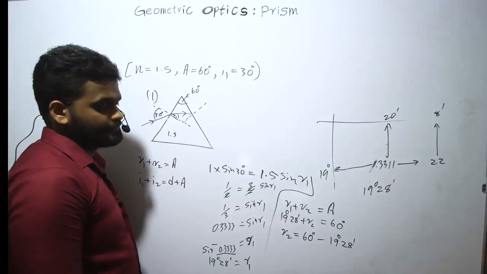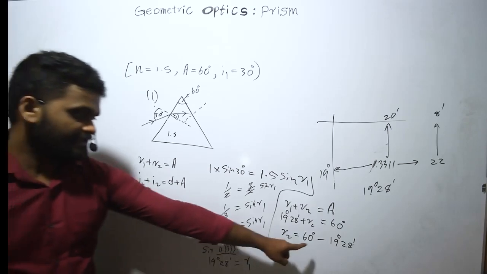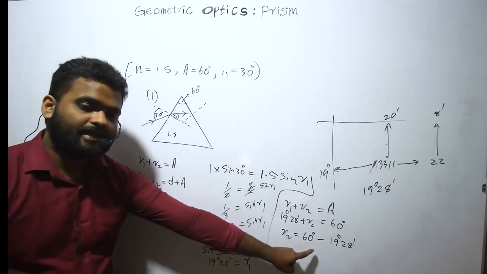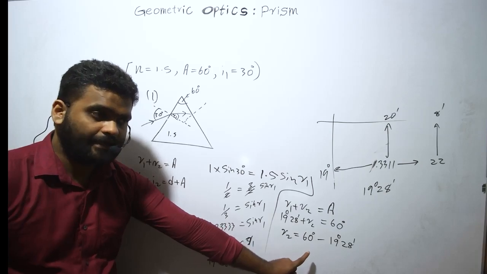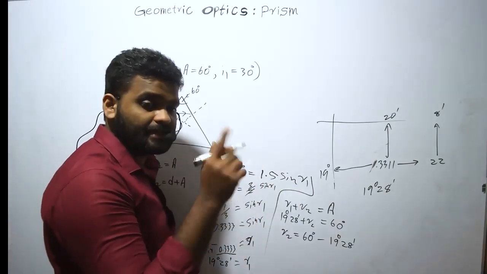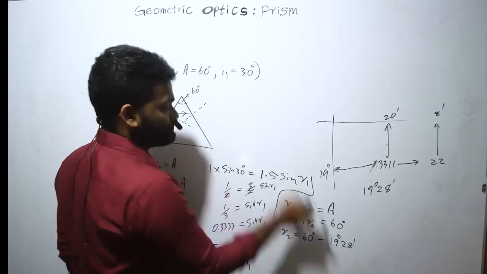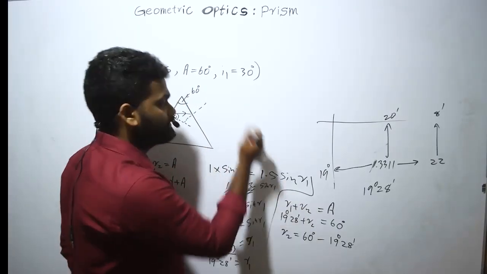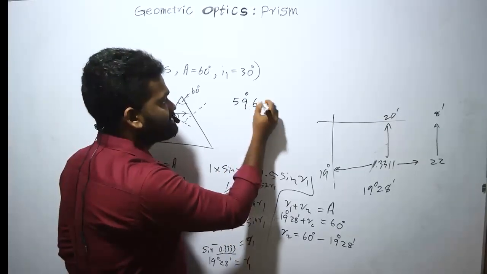So how do we do that? This 60 degrees, you can write it as 59 degrees and 60 minutes. You know that 60 minutes is 1 degree, right? So if you want to do this subtraction, you need to write 60 degrees like 59 degrees and 60 minutes.